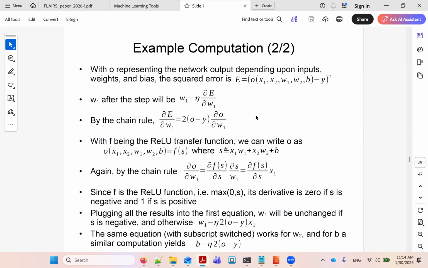The outer function is the squaring function, so 2 drops down. We have o minus y. Thank goodness I left off all the arguments. Just o minus y here. Then we're left with partial o, partial w1, because y, once again, is a number that doesn't depend on w1, so its derivative is 0.